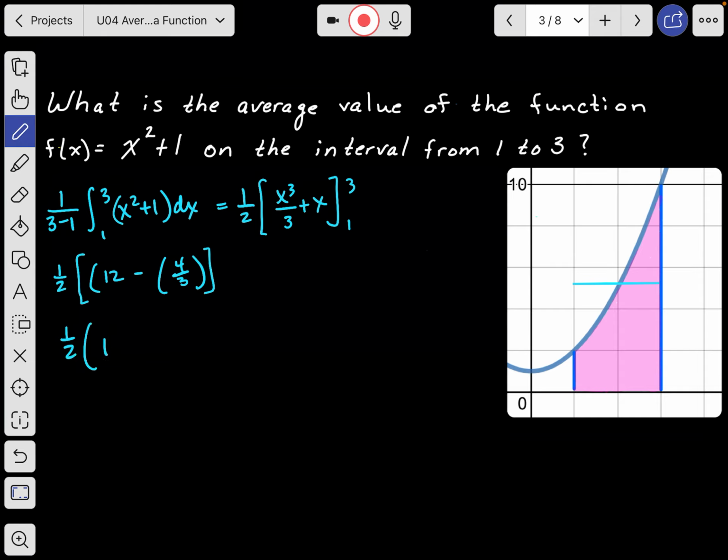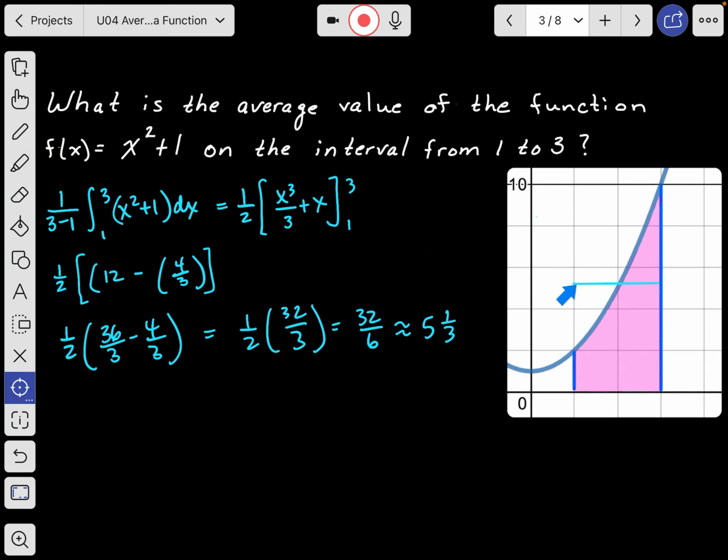So this would be, how about 36/3 minus 4/3? So that would give me 32/3, and half of 32/3 would be 32/6, which is 5 1/3. And so that is pretty close to where I was estimating. My y-axis goes up to 10, so here's 5, and I'm a little bit more than 5.